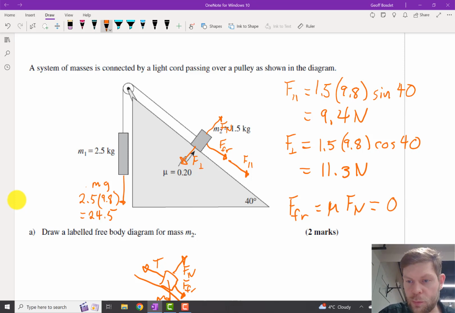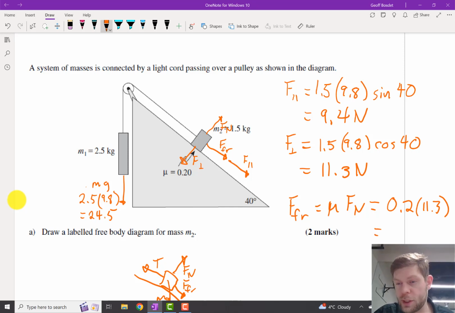So we've got 0.2 times 11.3. 0.2 times 11.3 is 2.26, I believe. So like 2.3 with some rounding.